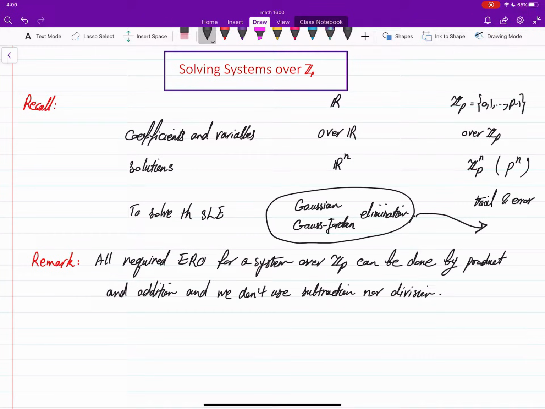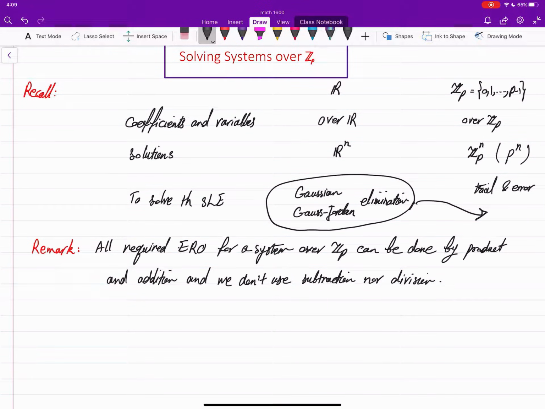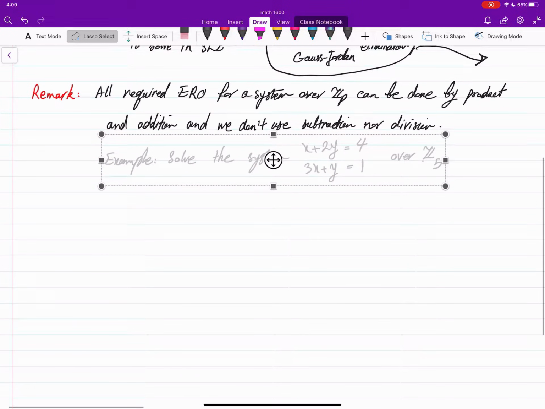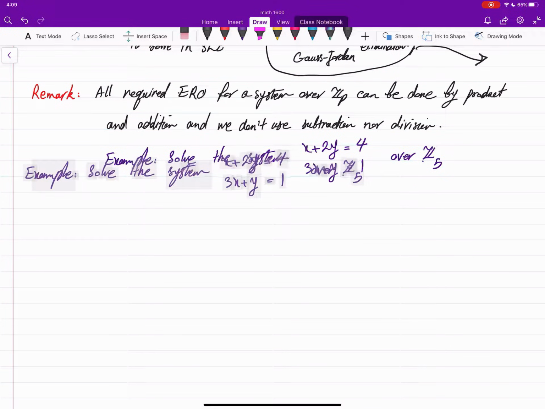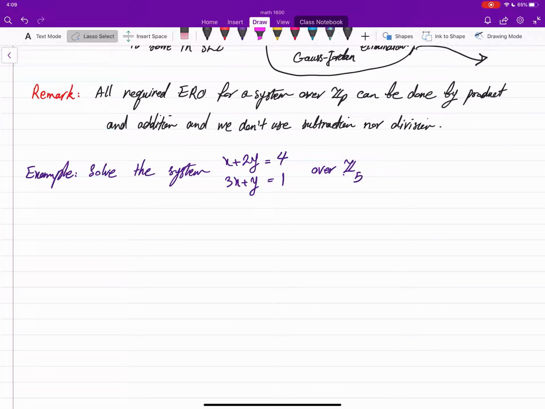Okay, so let's see these things in practice, because the theory can go very deep and we can get lost very easily. This is a system, two variables, two equations. It is over Zp. Something interesting to note is that when there are 4, 3, 2, 1 in the coefficients, it means that you have to work with some Zp with p bigger than or equal to 5.